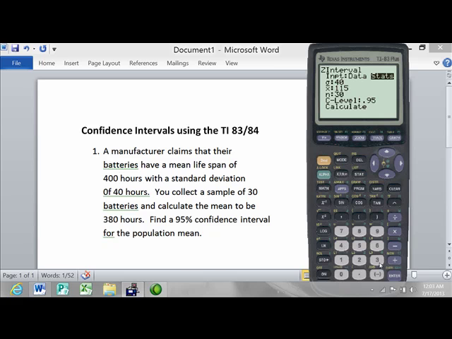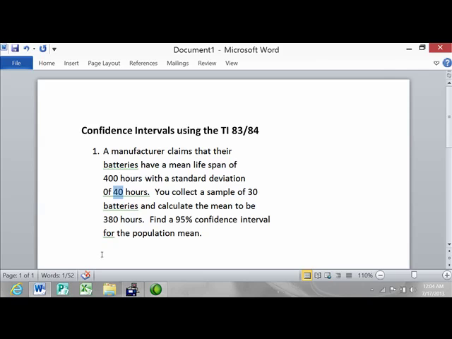The mean of our sample is 380. The sample size is given as 30, and the confidence level is 0.95 or 95%. So we calculate this. When we calculate it, we get our Z interval of 365.69 to 394.31.